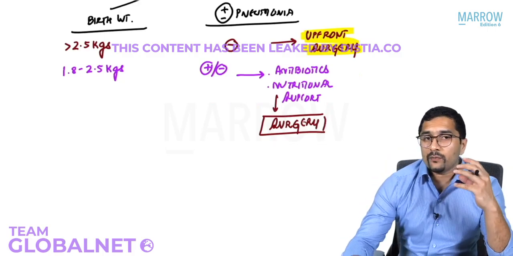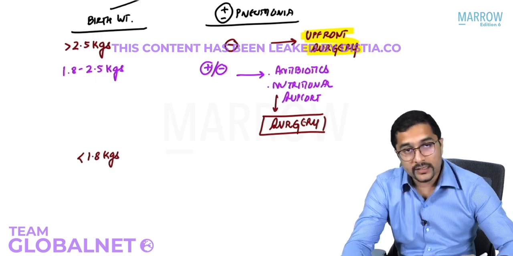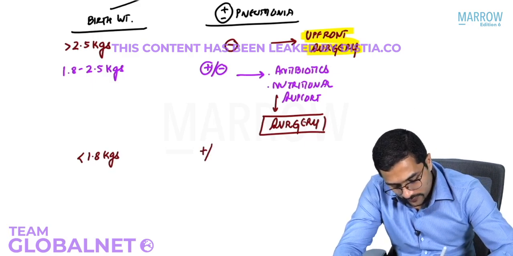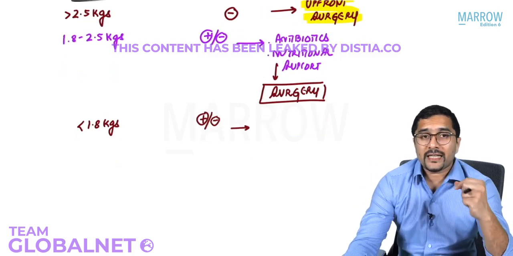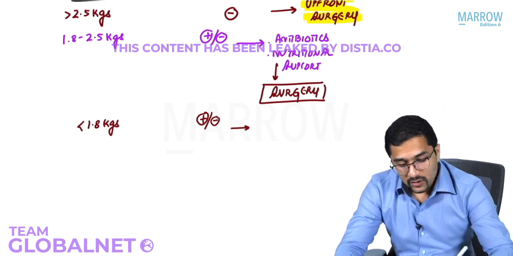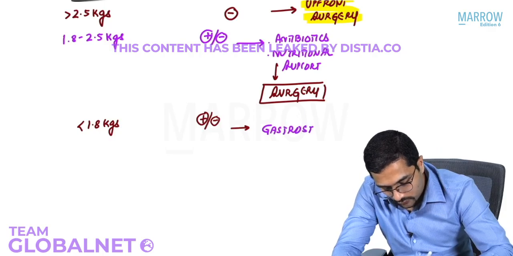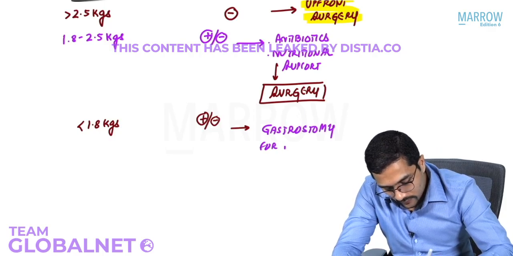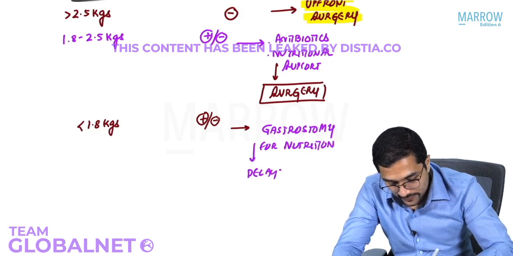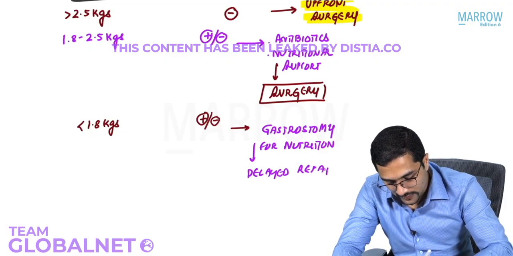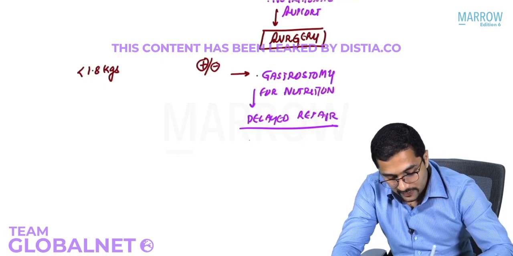Finally, the group which does the worst is children where the birth weight is less than 1.8 kgs and they have pneumonia. These patients are not fit candidates to undergo an extensive surgery, so we just carry out a gastrostomy for nutrition, and we carry out a delayed repair when these patients are fit. Of course, to treat the pneumonia, these patients will be given adequate antibiotics.